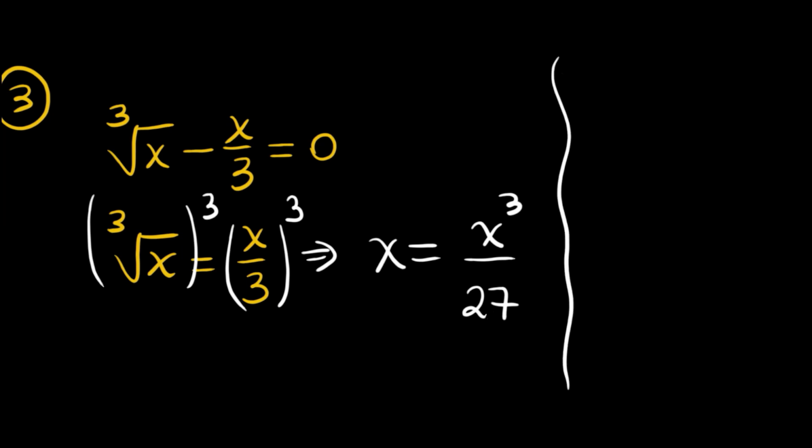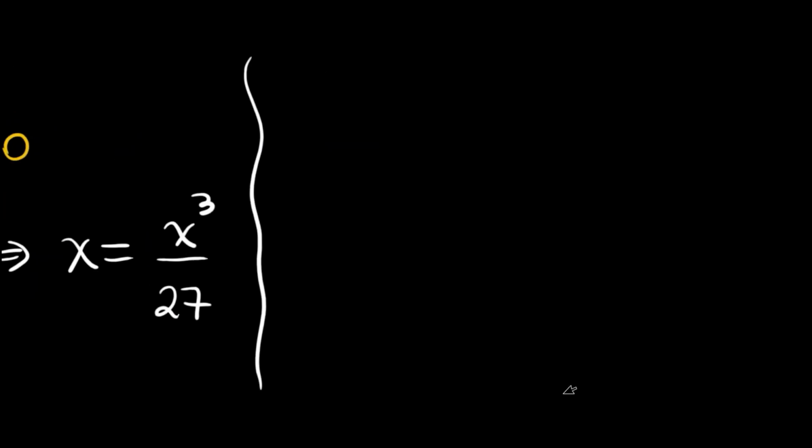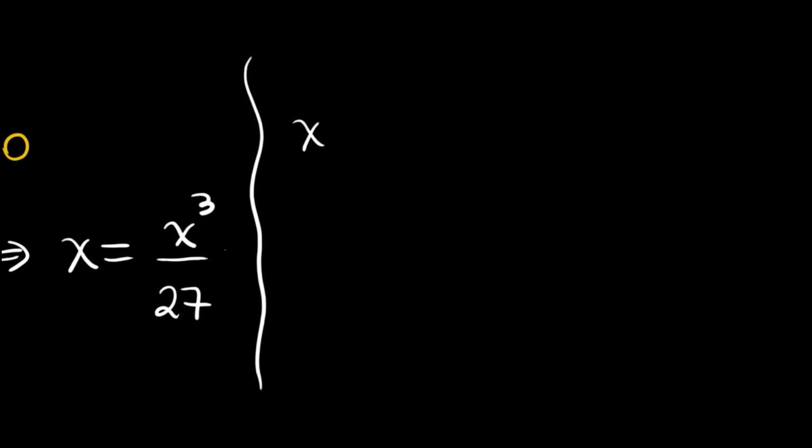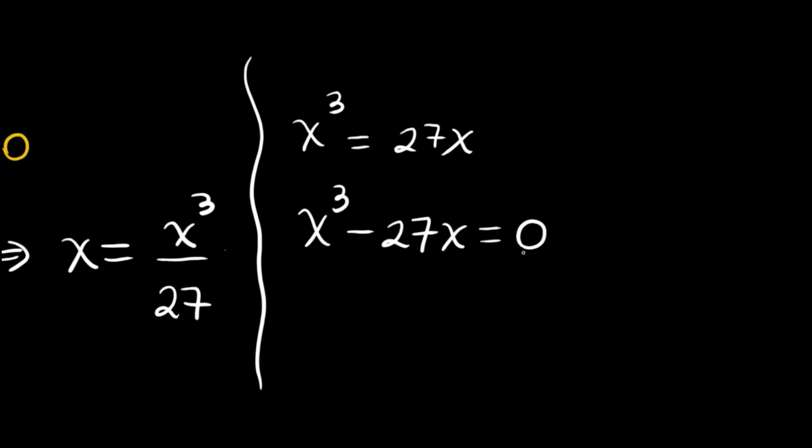So cross multiplying, we can write x cubed is equal to 27 times x. So we can also write x cubed minus 27 times x is equal to 0.